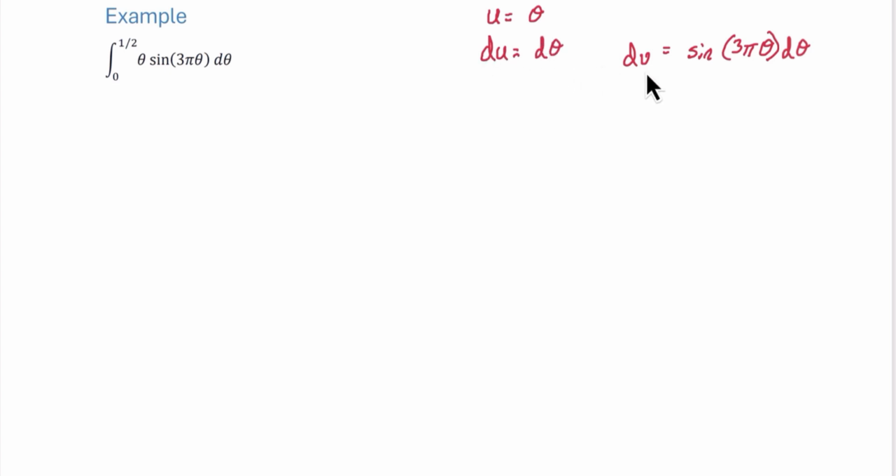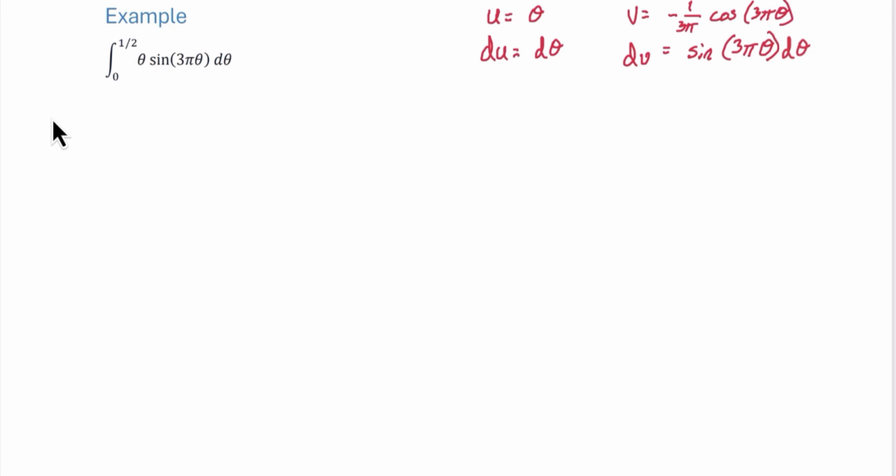And then focusing on dv, we want to integrate it to find v. This does require a u substitution. We'll get negative 1 divided by 3 pi cosine 3 pi theta.